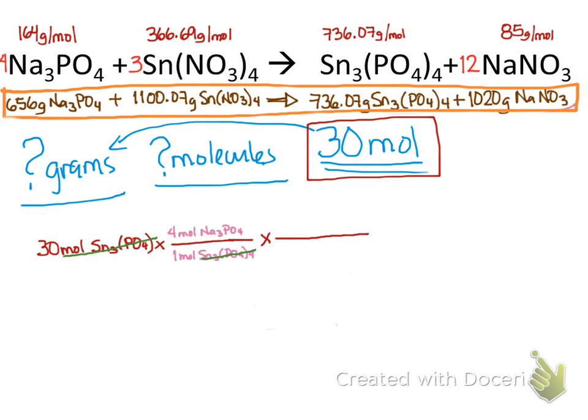The relationship here is 1 mole of sodium phosphate has a mass of 164 grams. Remember that the 164 is grams per mole.